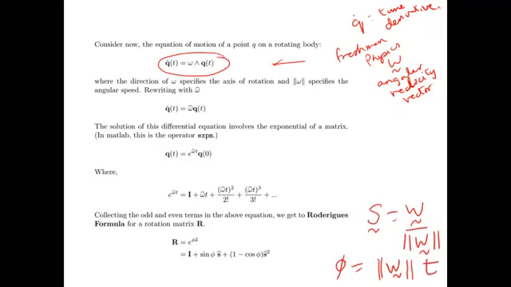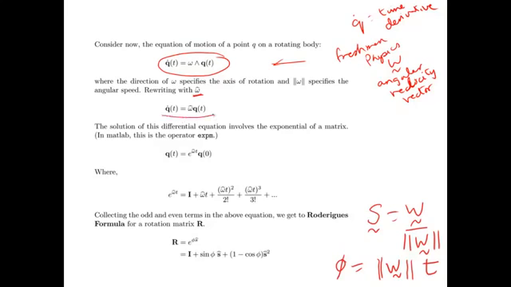So q dot is given by omega cross product with q. We can rewrite this using this new trick that we learned, which is that when we want to construct a vector product, we make up a new matrix omega hat, and now we convert it into a matrix vector multiplication.